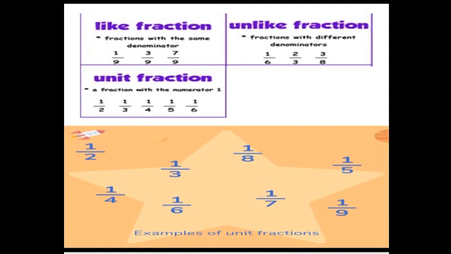See here, all of you, the number 1 is represented in the numerator. So we say the numerator consists of the unit. Unit means 1, that is a unit fraction. So this is all about our types of fraction.